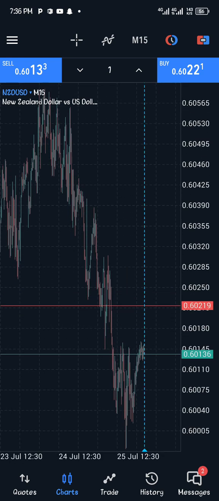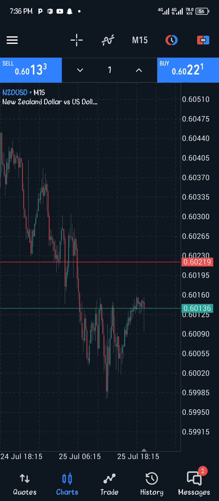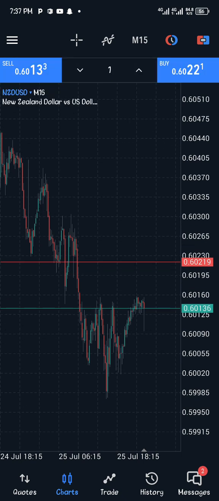Now what are you expected to do here? You don't click buy immediately, you don't click sell, except the trade is an instant execution. But if it's a limit order, you click on this at the top right hand side, the second to last one, like this.